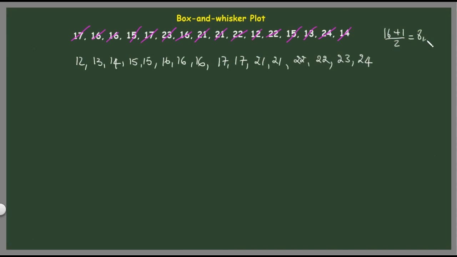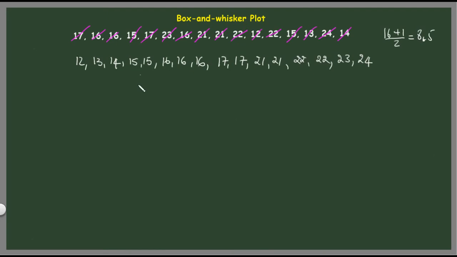Okay, 8.5. It means that you're going to count 8.5 from this side here, so you find the median number between the two, which is 16.5. This is the number between these two numbers right here. So let's just count from both sides, either the left or the right side.